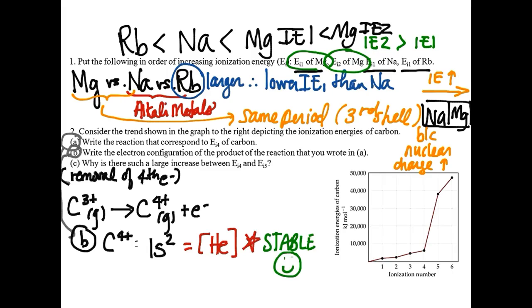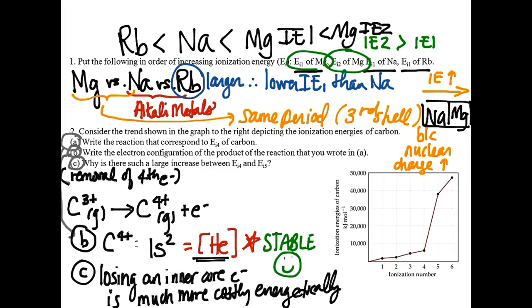Now, part C asks, why is there such a large increase between EI4 and EI5? And it's related to part B. We formed a really stable cation here. So remember, once we eliminate the valence electrons, we're going into the inner core.